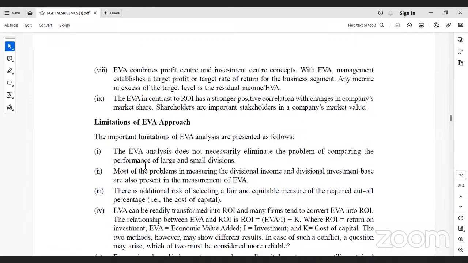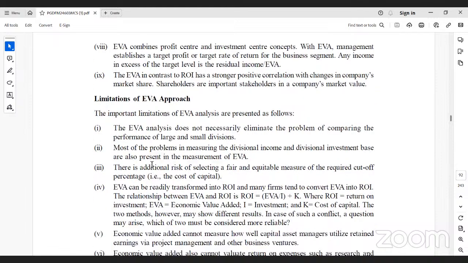There are serious limitations also in this EVA approach. EVA analysis does not necessarily eliminate the problem of comparing performance of large and small divisions. Every division has its own size of transactions, size of capital, customer perception, customer behavior, and income style of the customers. We can't compare one to another.